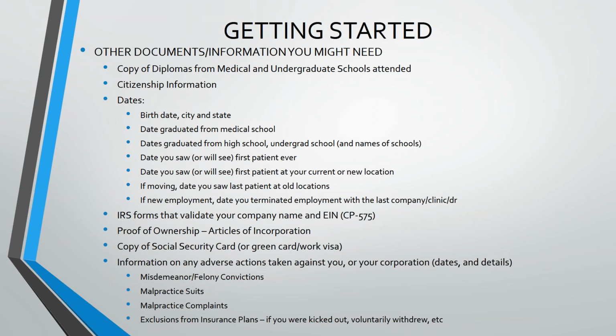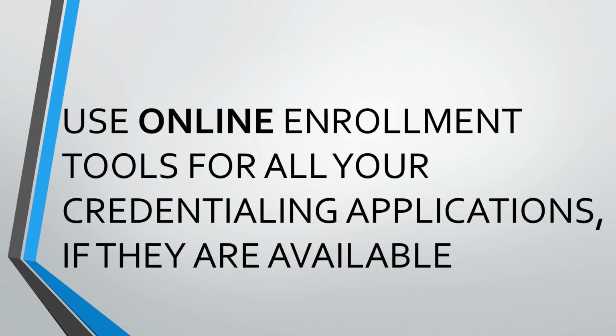Maybe you were kicked out of a plan, and you have a 2-year waiting period before you can reapply, and you haven't been out of the plan within that 2-year waiting period. Let your credentialing specialist check on that for you to see if you need to wait on a particular contract before you start applying.